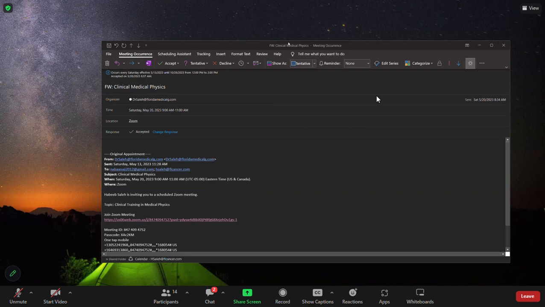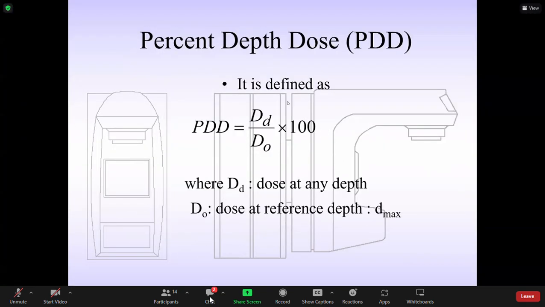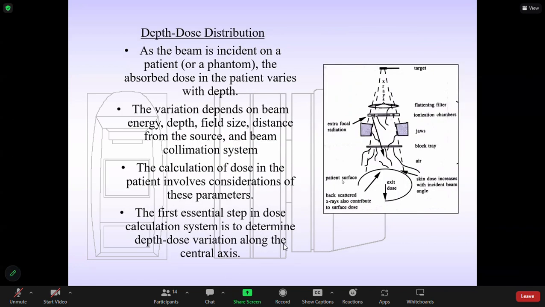This is another slide that shows, again, what we already saw.